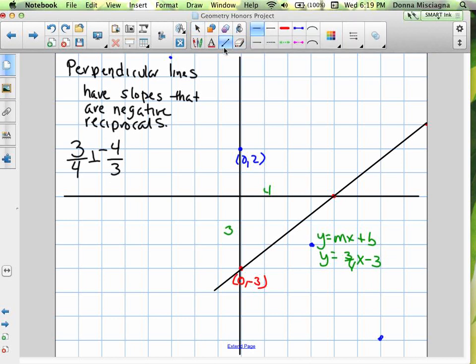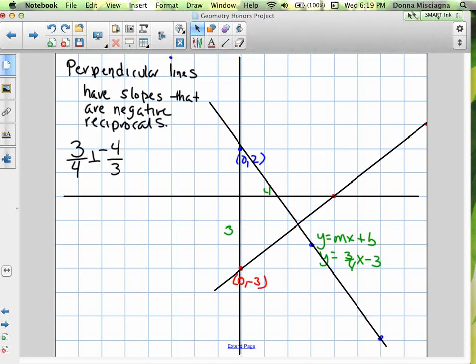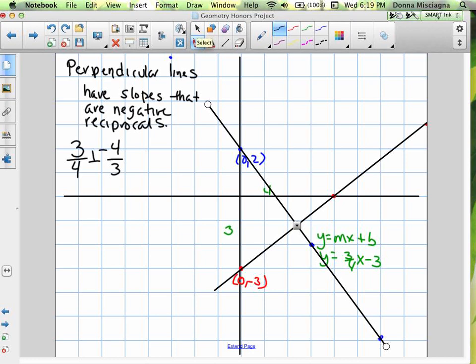So now let's connect our points. I'm going to have to fix that. Like I said, it'd be easier if I could use a ruler. Now I got to make sure I get it in the right spot, so it goes through all 3 of my points. There we go. I'll put arrows on that because it does keep going. Should have done that over here too.